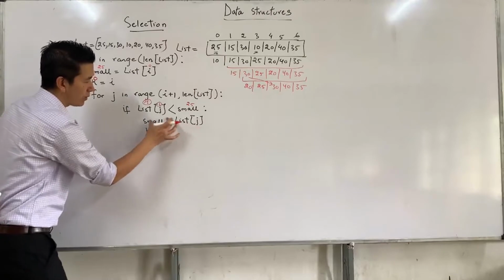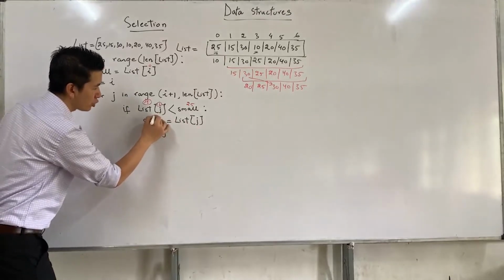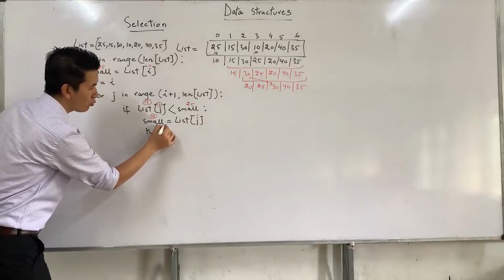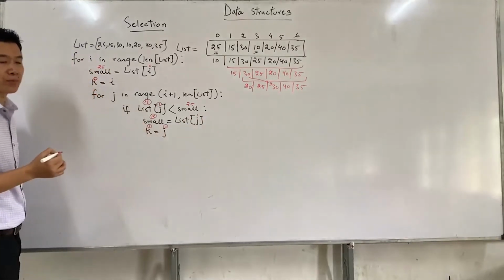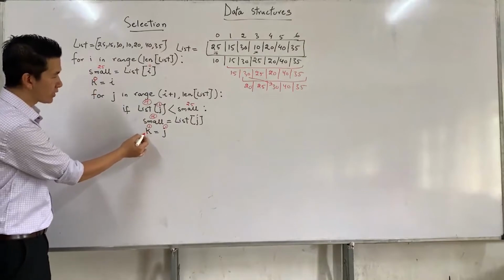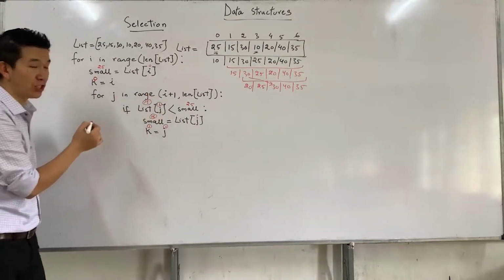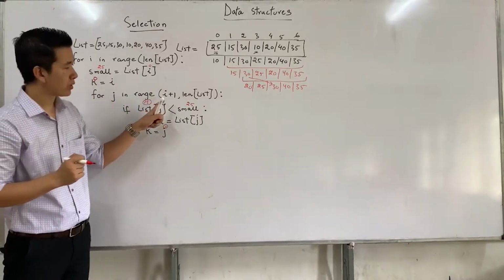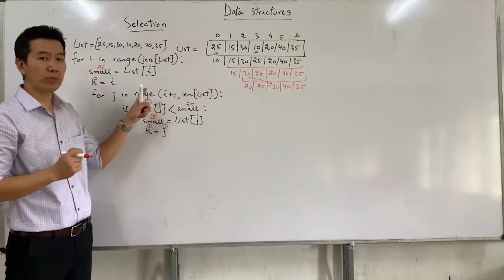So the 15 will be assigned to small, and then you have the value of j as 1. The 1 will be assigned to k. So we go for the next value of j. Okay, the next value of j will be 2. Earlier it was 1. Now it will be 2.